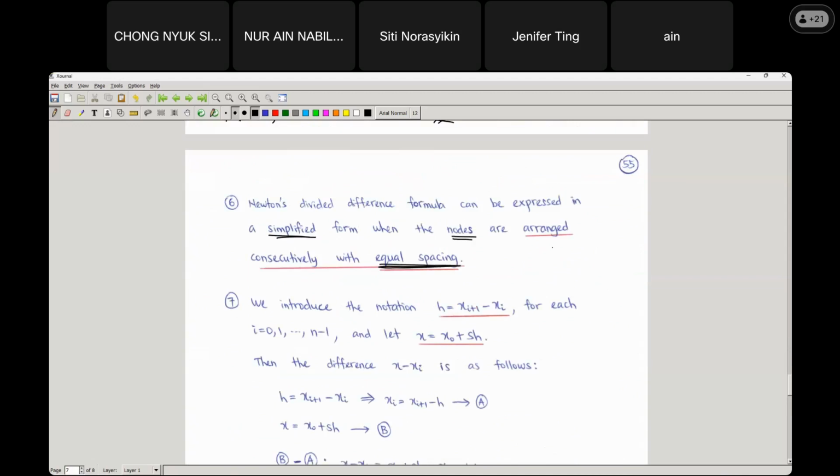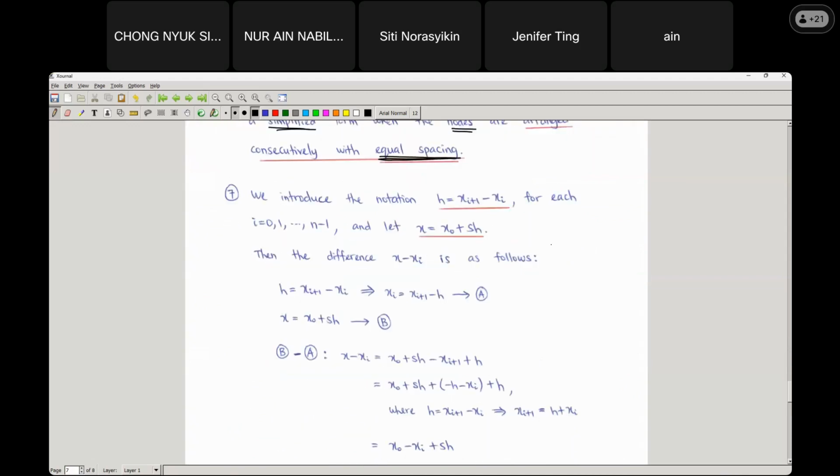So now let us introduce you to h. The h means the spacing, the step size, as some textbooks call it. So h represents the step size. The formula is h = x(i+1) minus x(i), where i starts from 0 up to n minus 1. And we let x equal x0 plus s times h.